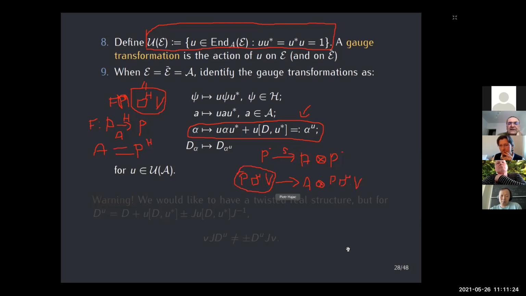This is your E. So you go from E into A tensor E, and this is exactly the way Quillen wrote about connections. So having such a splitting of the multiplication map on a projective module is the same as having the nabla for the universal connection. This is in papers of Quillen, Cuntz-Quillen.